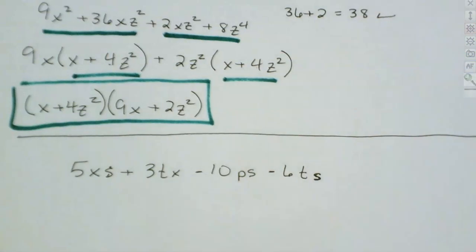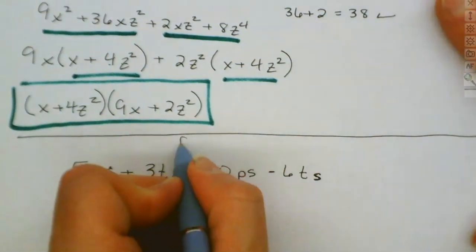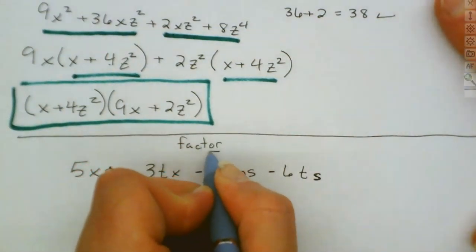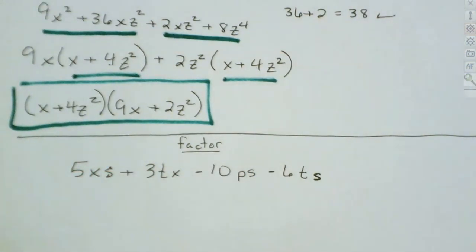And if I did it correctly, this one should factor out nicely. And I think I did. Let me just double check. Yep, looks like that's going to give me that one there.